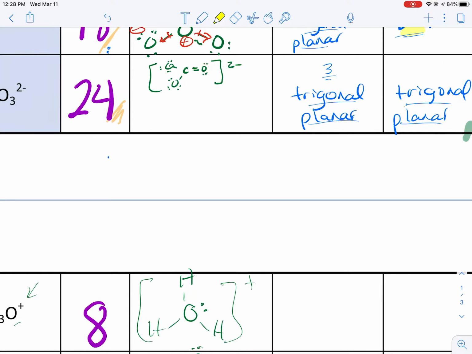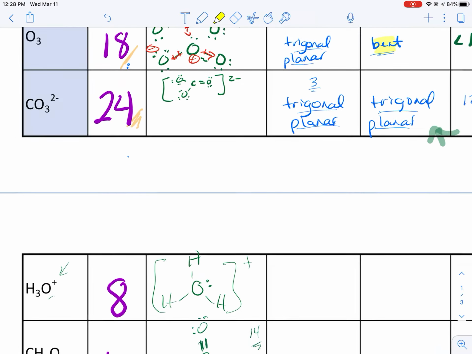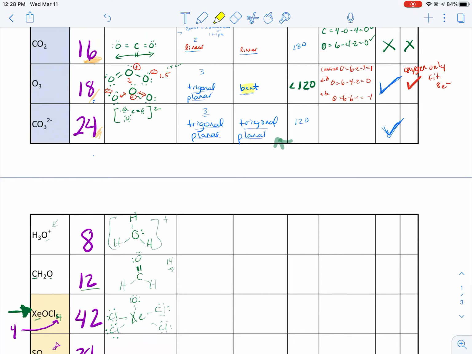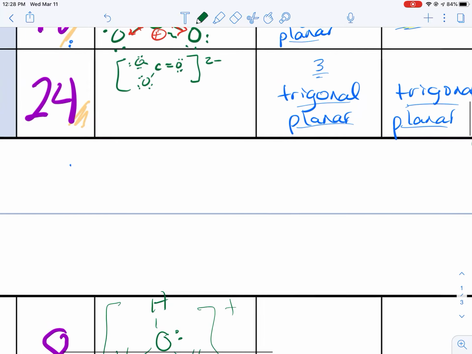Notice we have this situation. We have oxygens, all the same elements on the outside, and we've got a double and a single bond. So definitely we have resonance for this guy too. So we want to draw the other structures.